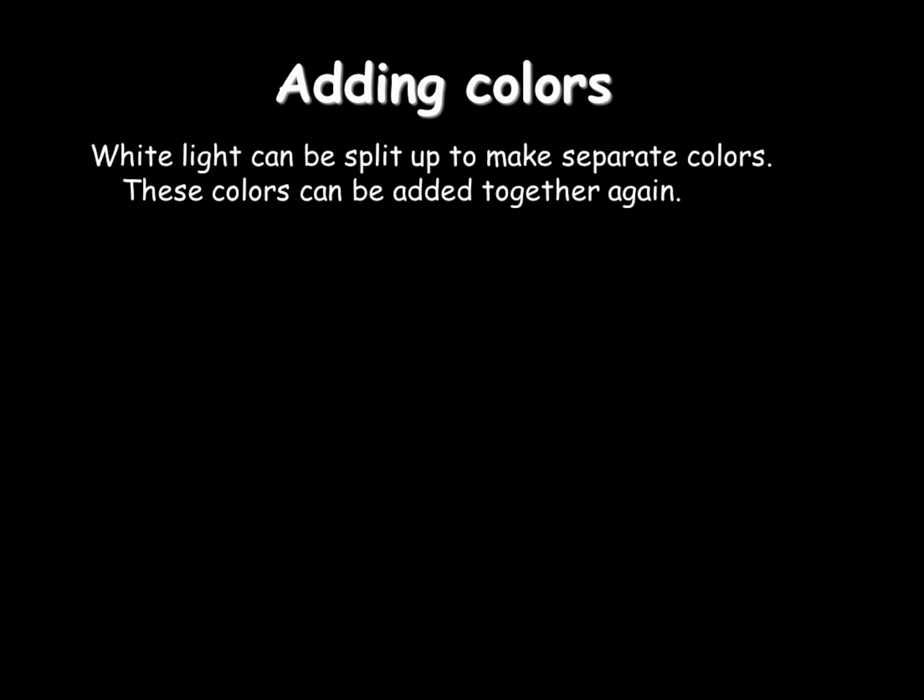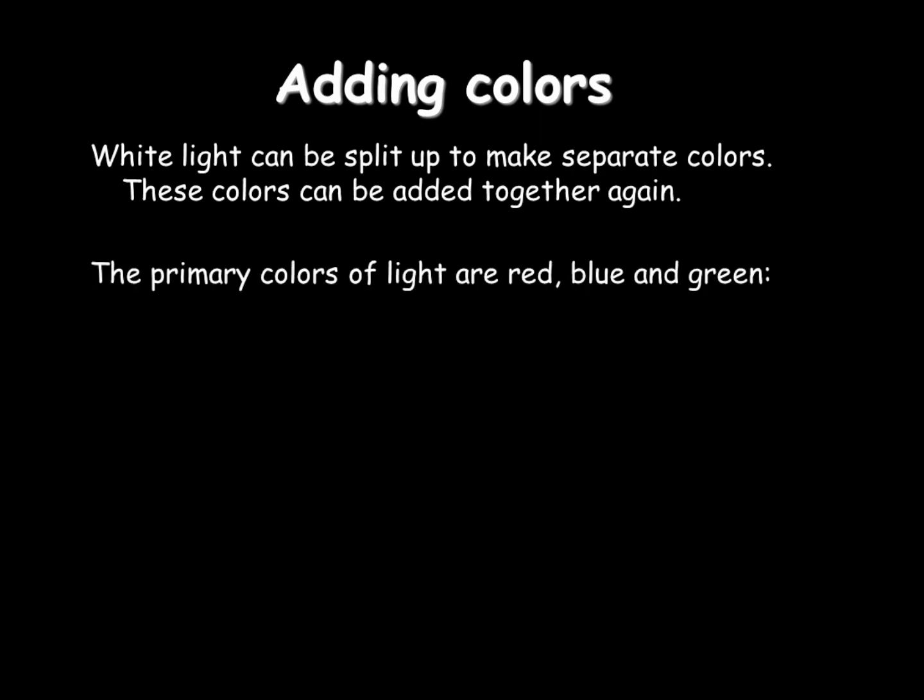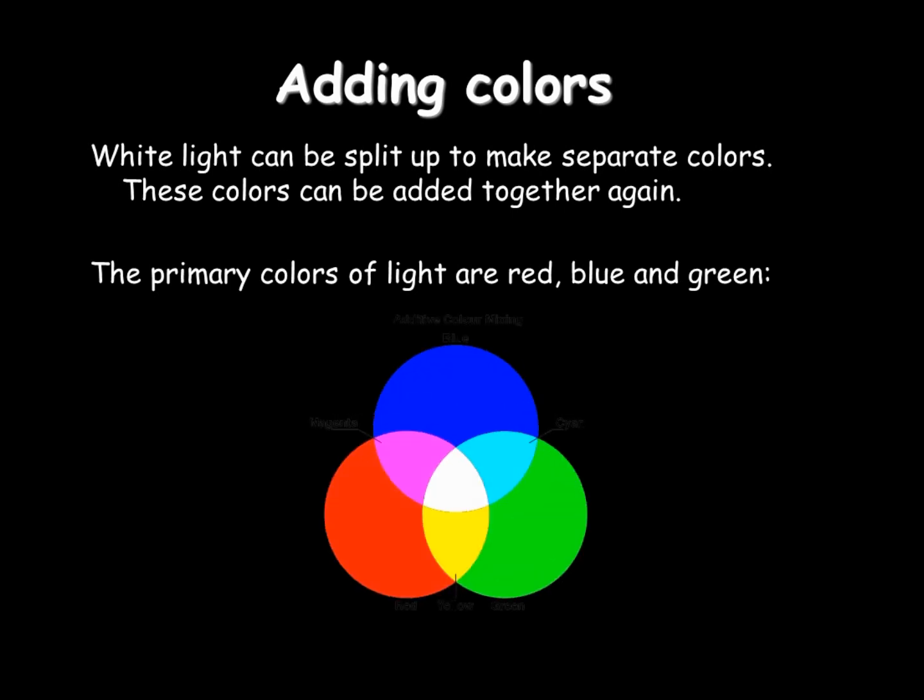All right, so white light can be split up into separate colors, but colors can be added again to make other colors and then back to white. The primary colors of light are red, blue, and green. Not yellow. Yellow, that's a pigment thing. And that is what the lights look like. That is how lights mix.